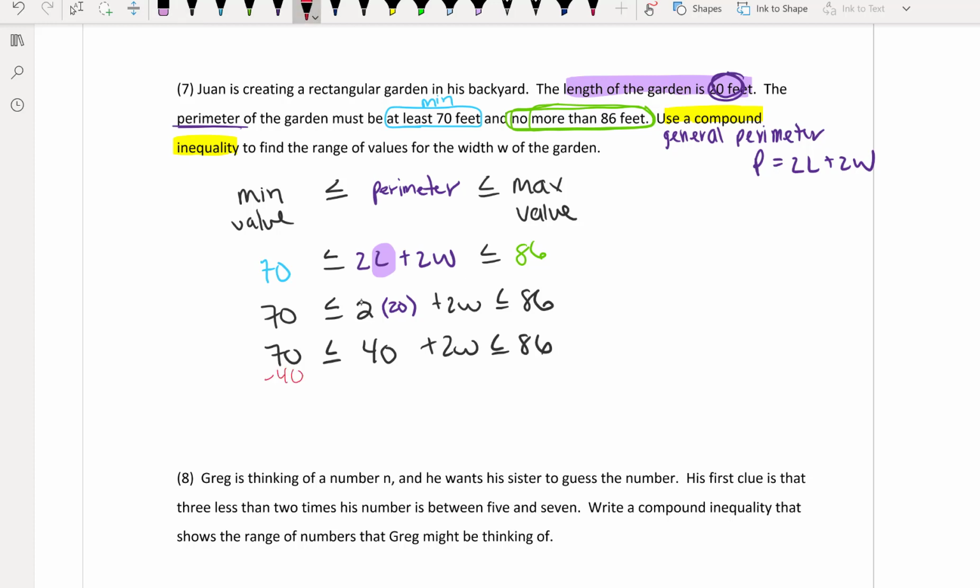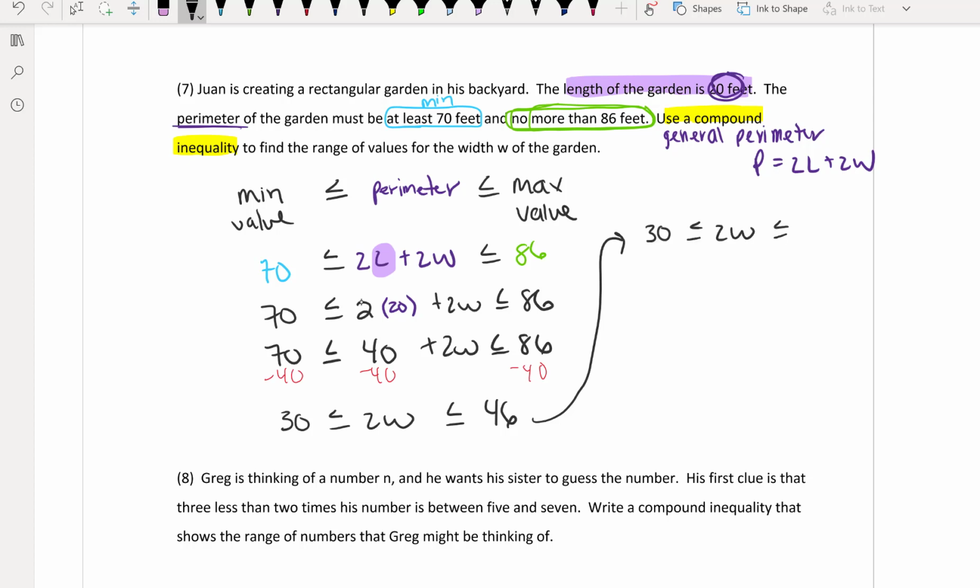So I'm going to subtract 40 from all three pieces. So 70 minus 40 is 30. I have my 2W, and 86 minus 40 is 46. Since I'm running out of room, I'm just going to rewrite it. So I have 30 less than or equal to 2W less than or equal to 46. So now, to get the W by itself, I divide each piece by 2.